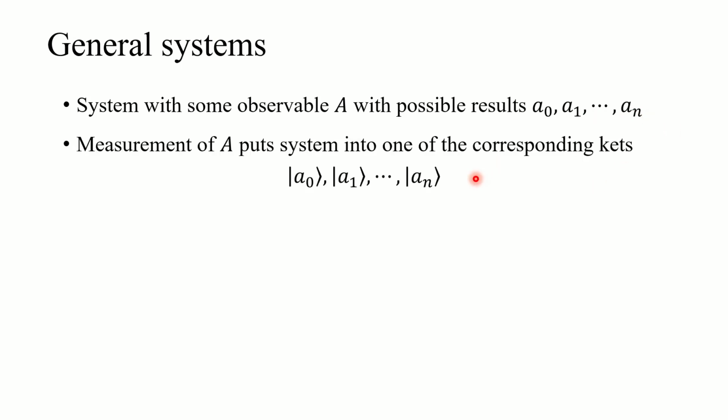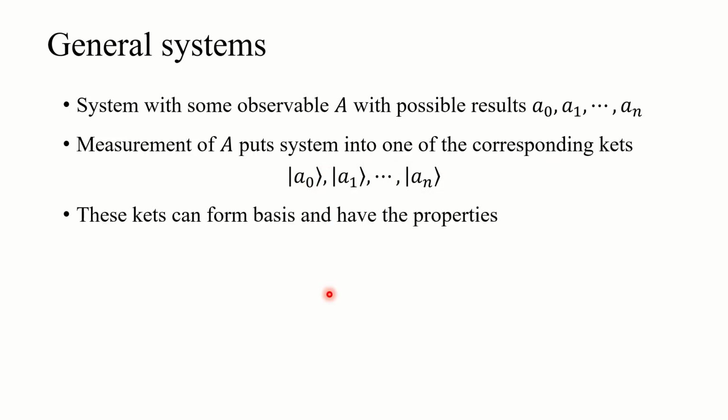The measurement of A puts the system into a corresponding ket that matches whatever the outcome was. So there's some ket A0 that corresponds to a system that measured that observable A0, likewise A1 and A2.